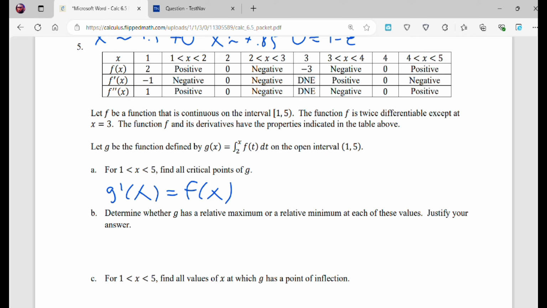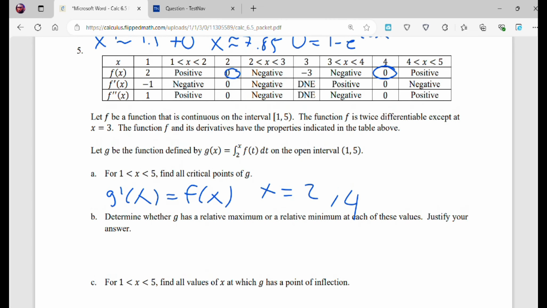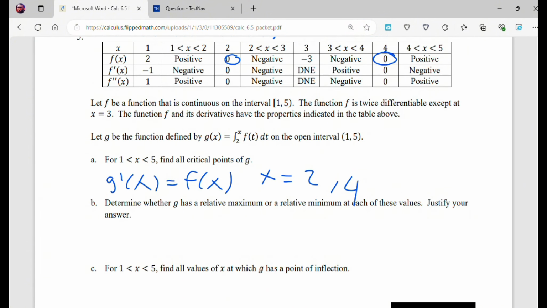So when does f of x equal 0? Right here, right here. So x equals 2 and 4. Also, it could be when f of x does not exist, but we don't have such a case in this example.